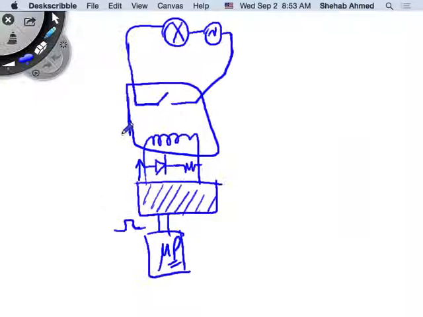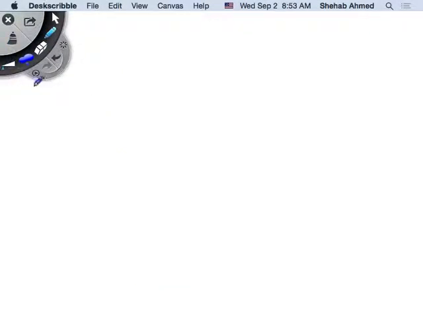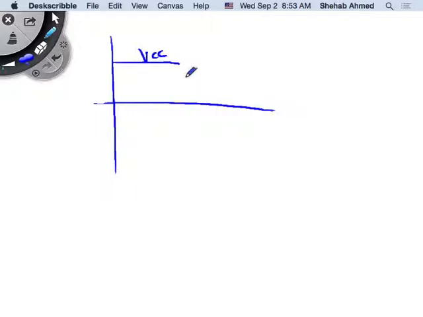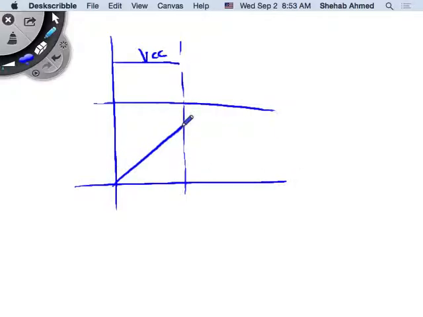Initially, we had a positive voltage across the inductor, right? It was VCC. And the current looked like a ramp up. This was the inductor current, and this was the inductor voltage, right? How about now, what did I do?